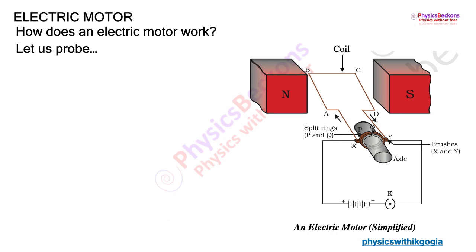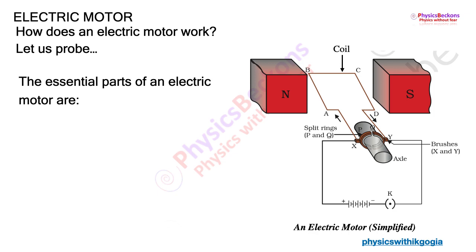Let us probe. The essential parts of an electric motor are shown in the figure. The diagram is an oversimplified version of an electric motor and explains only the principle of the electric motor.